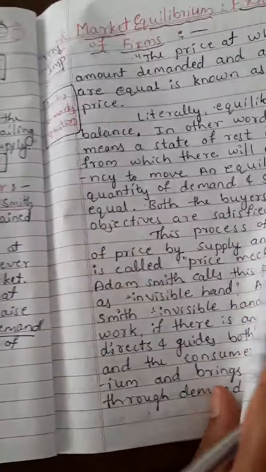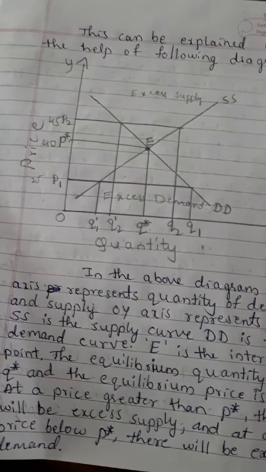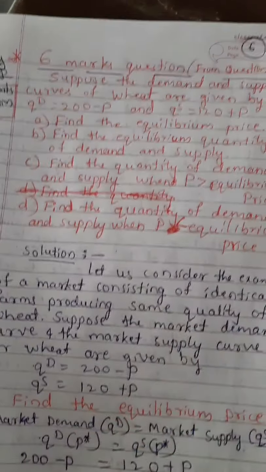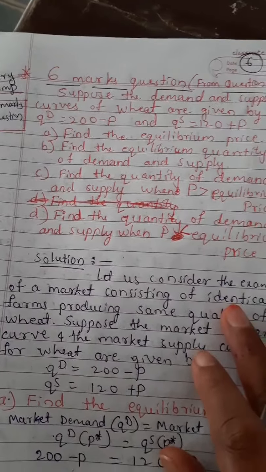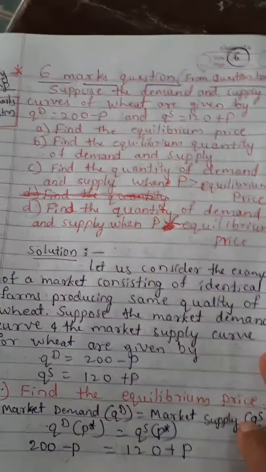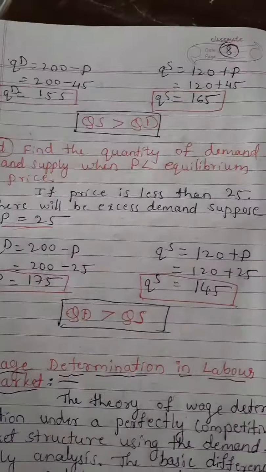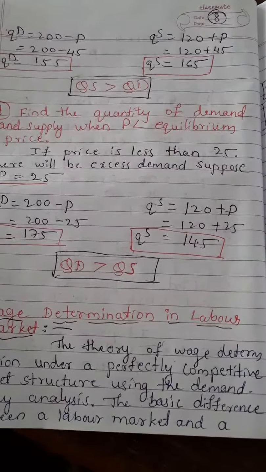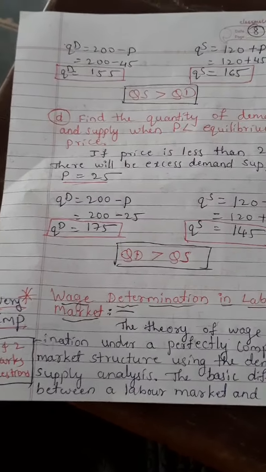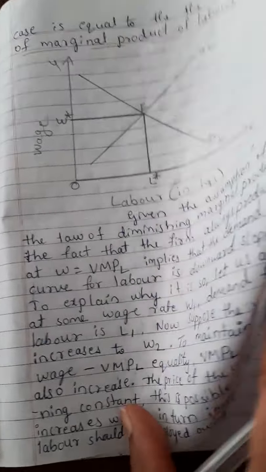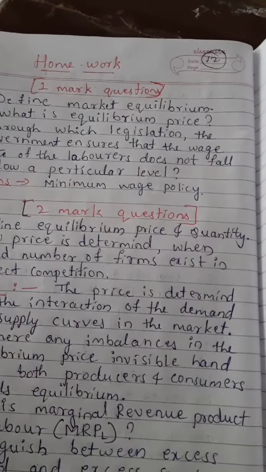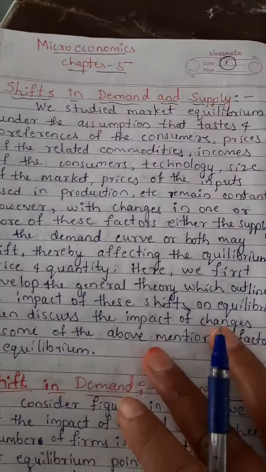It is a 6 marks question we studied with the help of this diagram, and next we solved the 6 marks question. I gave the solution in the last video, and next wage determination in a labor market. It covers 1 or 2 marks with the help of this diagram, and I also gave the homework.